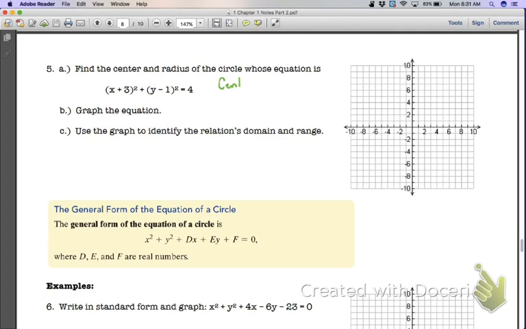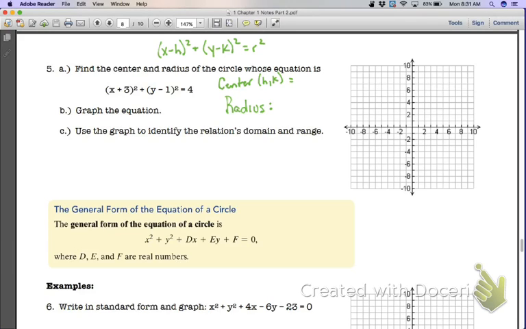If we have the center, remember the center is just h and k. If you're not sure, it's going to be x minus h squared plus y minus k squared equal to our radius squared. So if it's a positive 3 in there, what is our actual h value?